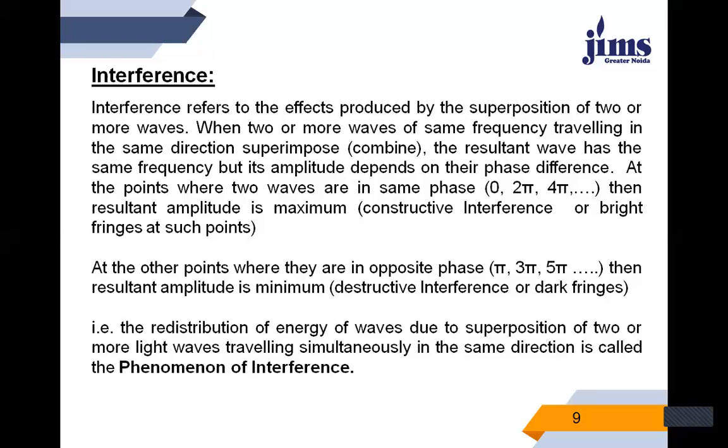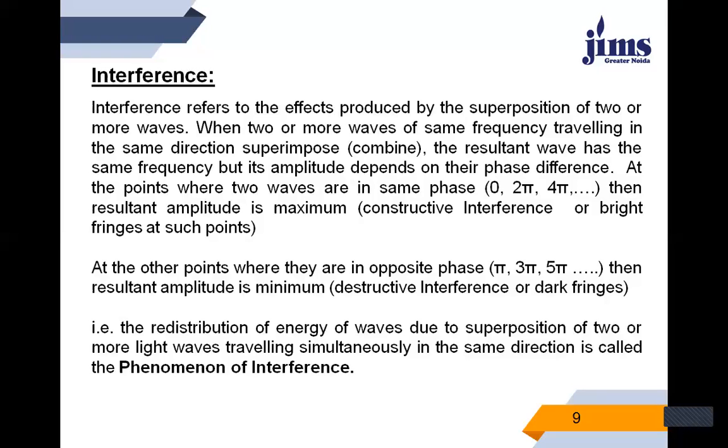Then the resultant amplitude is maximum, as we have already discussed in my previous slide. That interference is called constructive interference, and in that situation the fringes formed will be bright. So at the point where constructive interference takes place, the bright fringes will be observed.